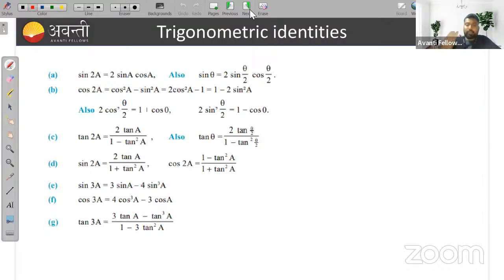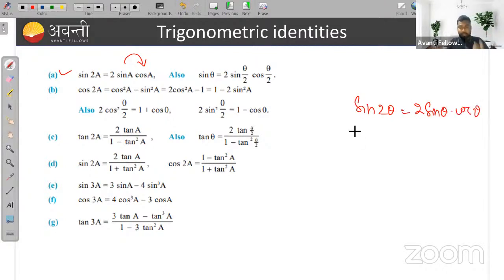So here you have some important identities. sin 2a is 2 sin a cos a. And if you convert it into the half angle formula, तो क्या हो जाएगा? We know sin 2θ is 2 sin θ cos θ, right?